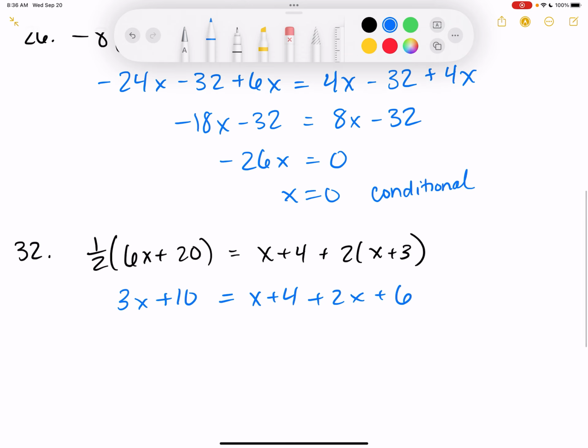So then I've got 3x plus 10 is equal to 3x plus 10. And if I were to subtract things, if I subtracted the 3x and I subtracted 10, I would end up with 0 equals 0. So which thing is this? Identity, conditional, or contradiction? Identity.